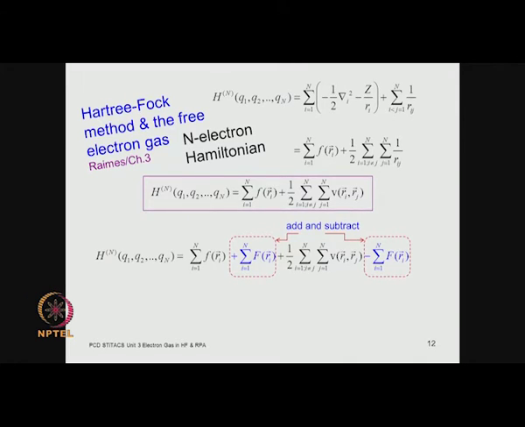What you see from the relation in front of you is that you have added a certain term, you have subtracted the same term. So, you are okay mathematically. What we are going to do is discuss the choice of F. Now, F is to be so chosen that it will have most of the 2 electron interaction built into it.